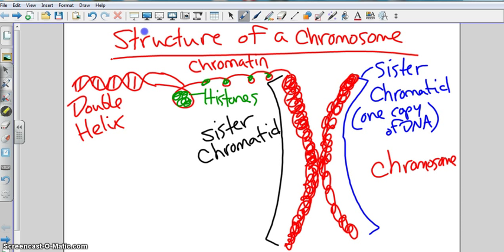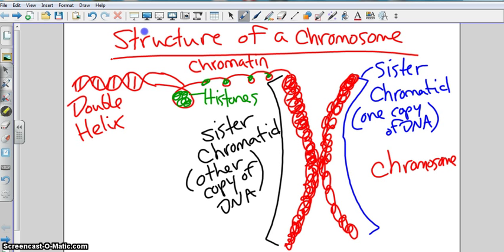And it represents the other copy of DNA. Now, what's going to happen to these in mitosis? They're going to split apart. And so 1 copy of DNA will go to 1 cell, and the other copy will go to the other cell. Thank you for your enthusiasm.